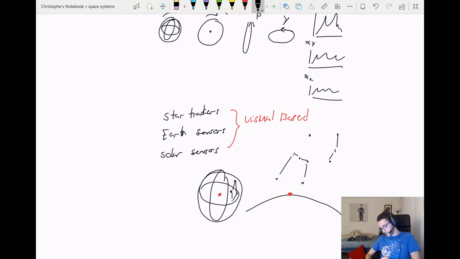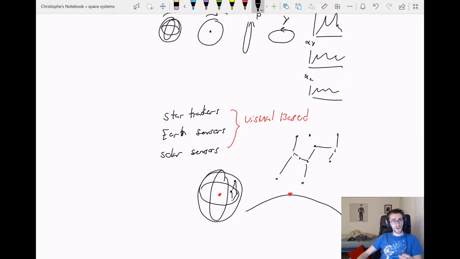It's Orion, and you know, hey, that's kind of in that part of the sky, which means that based on the Earth's rotation, I am looking at this part of the sky. So that is my attitude, right? You can determine your attitude based on the map of stars that you're looking at.